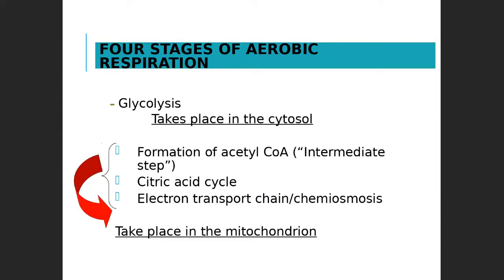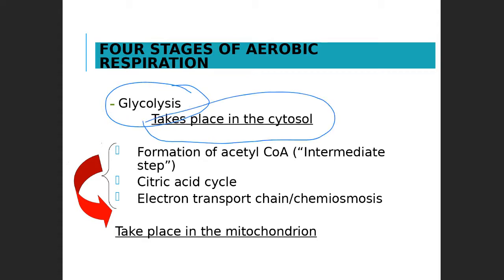Glycolysis takes place in the cytosol or cytoplasm. Then we have an intermediate stage that will form acetyl coenzyme A. Whatever comes from the glycolysis in the cytosol will give me 2 molecules of 3-carbon pyruvate.